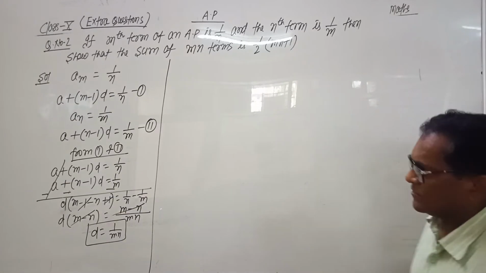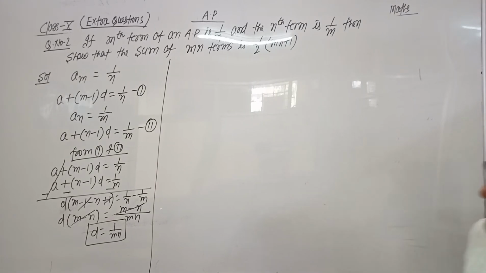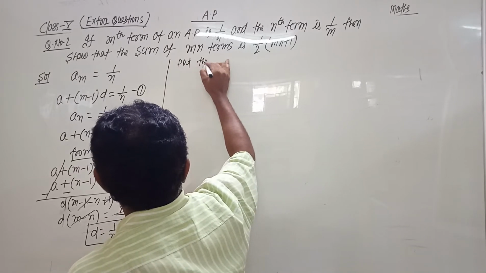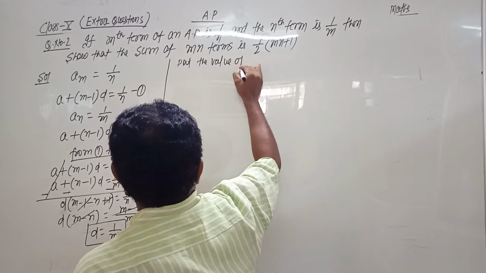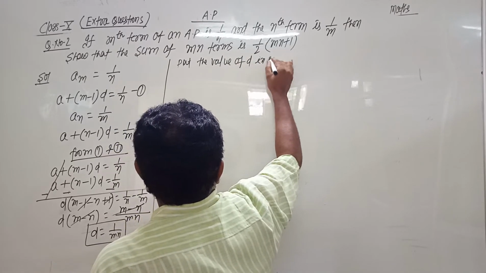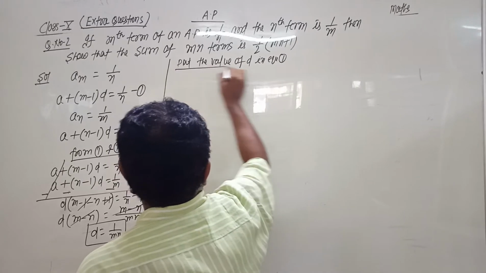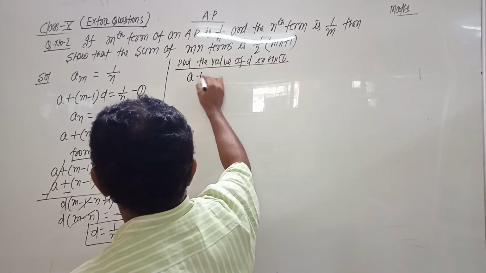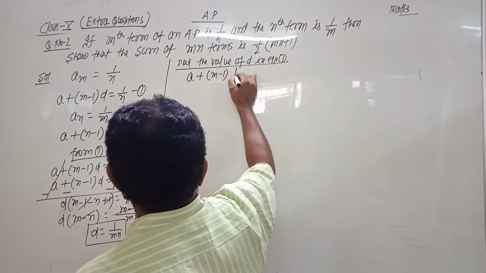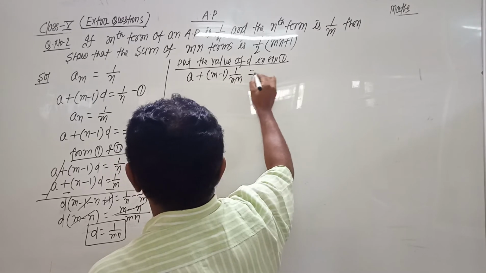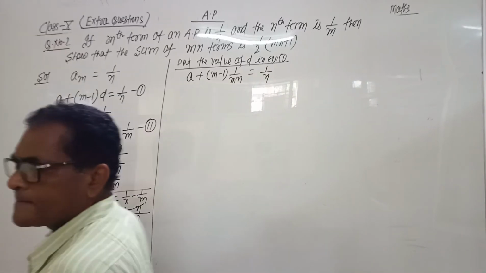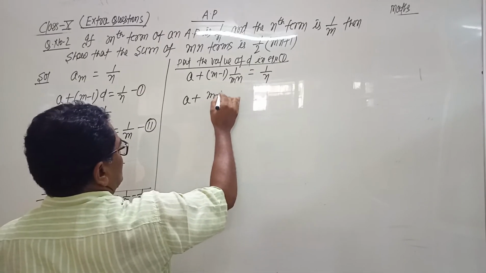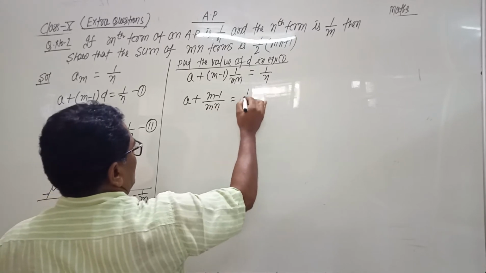Now we find the value of a. So put the value of d in first number equation. So we get a plus m minus 1 into 1 by mn equals 1 by n.